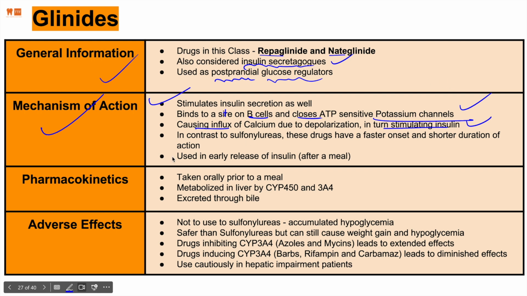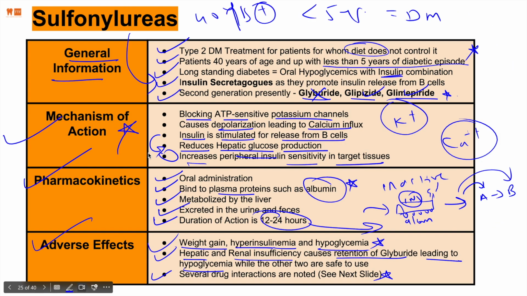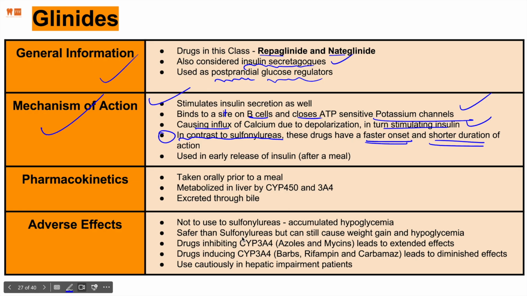Everything's great, but in contrast to sulfonylureas, these drugs have a faster onset and shorter duration. That's more important. Essentially, sulfonylureas lasted us 12 to 24 hours, but these drugs will not last that long. They'll be gone easily. Therefore, it is used for early release of insulin right after a meal.